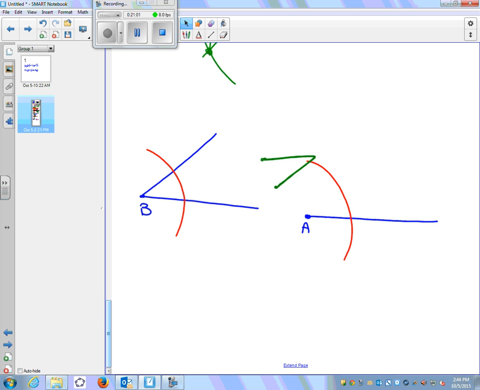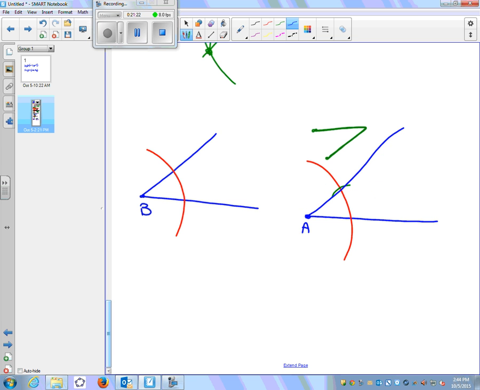Then you take that and you put it over here and you mark where those would intersect. Remember, you need that original red arc here, because that tells you how far away from the vertex to measure this intersection. Okay, and then that just creates the congruent angle, the same size.